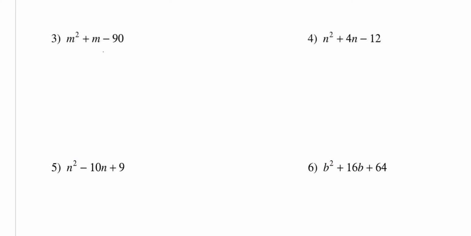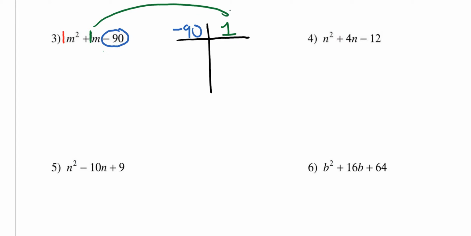Question number 3. Once again, we have a leading coefficient of 1 there, so you should set up a table right away. And you want to find two numbers that multiply to negative 90, and that also add to the middle number, which is an invisible 1 here. Okay, so that 1 is over there.